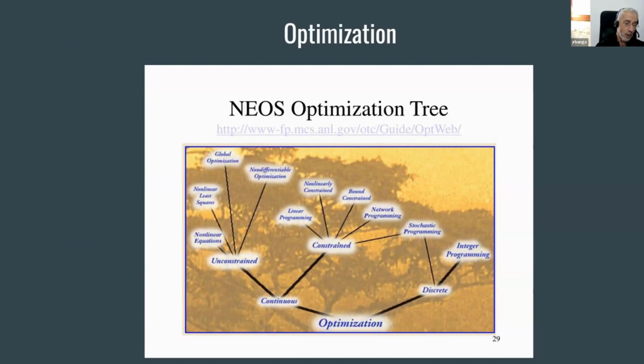So for each class of problems, many people have devoted especially tailored solution methods that are very efficient. But still, many of these problems are very, very hard. And one of the examples of very hard problems is global optimization. I will explain what global optimization is in a minute.